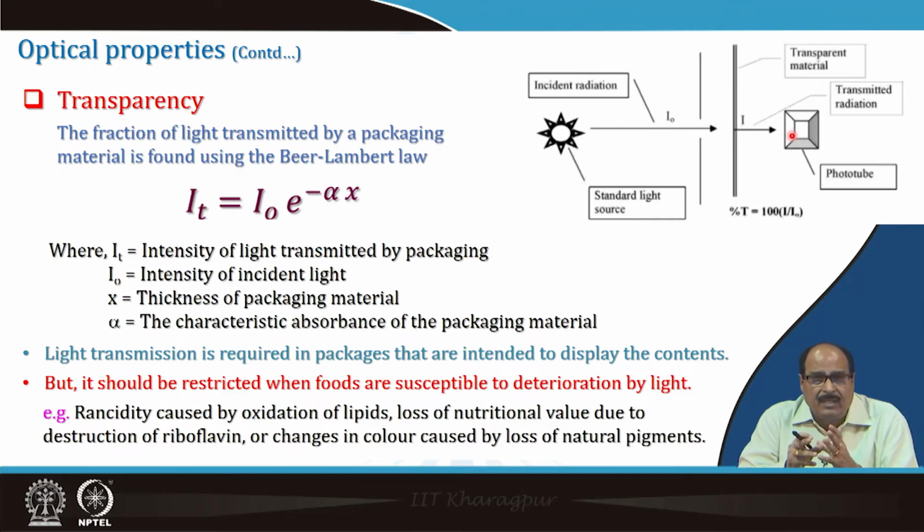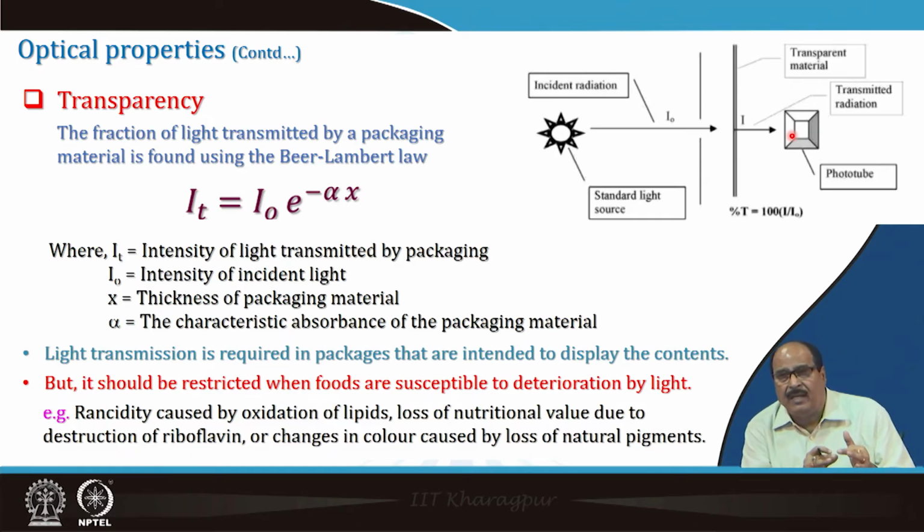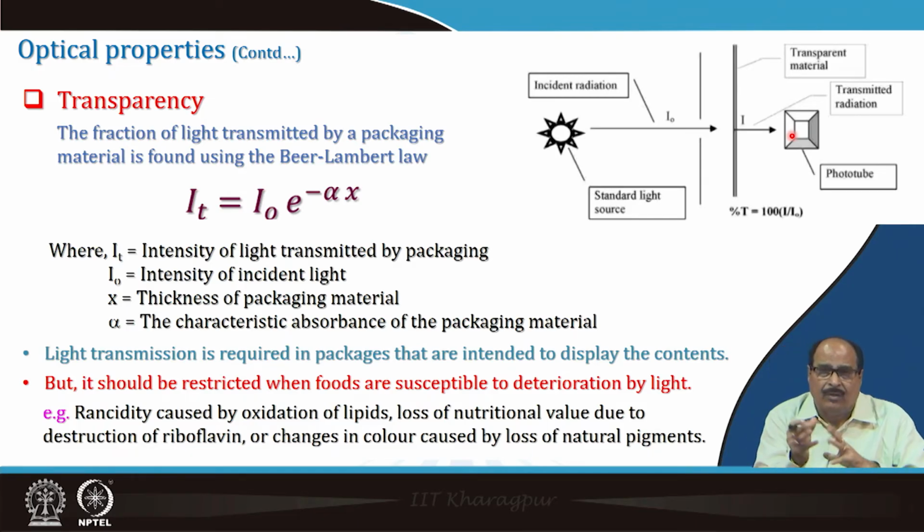Light transmission is required in packages that are intended to display the contents. Many times we want whatever is packed, in whichever form it is, to be visible to the consumer. In such cases transparent materials are used, but this should be restricted when the food is susceptible to deterioration by light. Some foods are susceptible to light-catalyzed reactions, so in these cases transparent packaging should not be used.